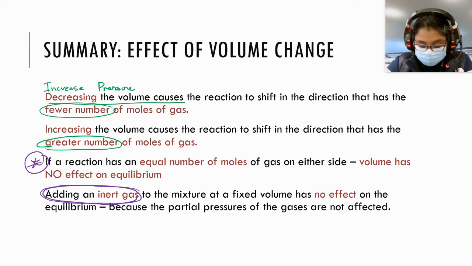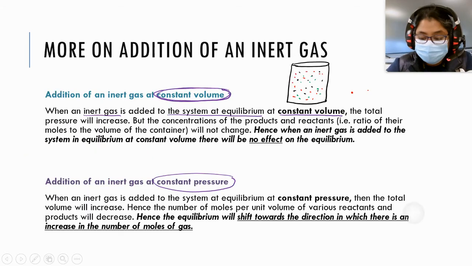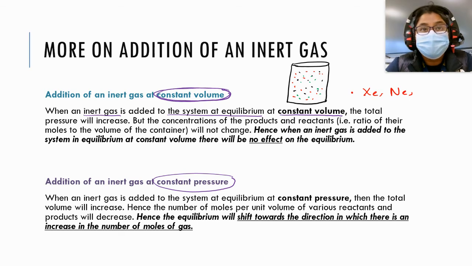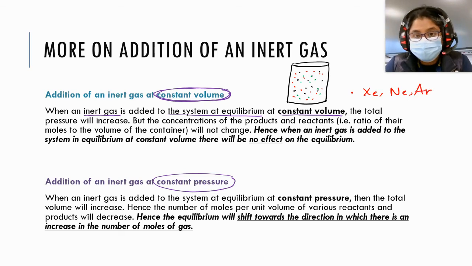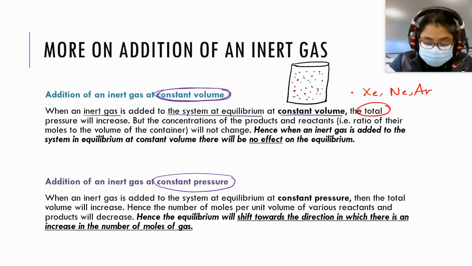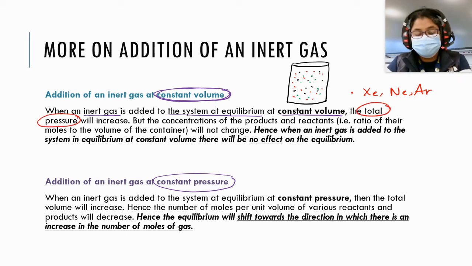When I say inert gas, I mean one of your noble gases, like xenon or neon or argon. We're talking about those gases that don't react with anything really. If I add a bunch of inert gas to this, so I had green and black particles before, now I've added the red particles as well, the total pressure is definitely going to increase inside the container.